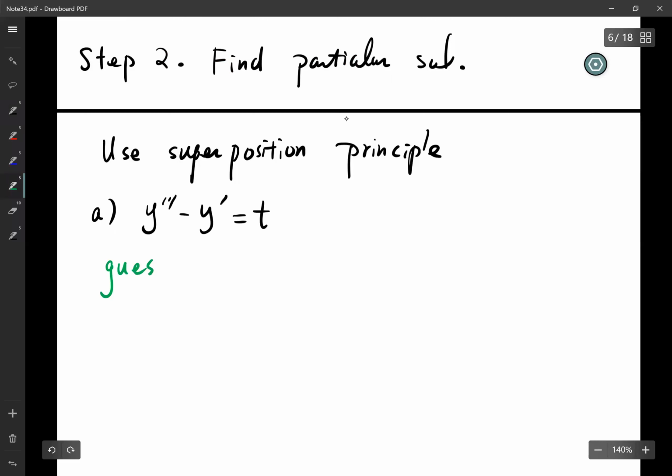But now, based on the knowledge of solving second order differential equations, you should be able to make an educated guess. So t is the same as 0 times t, right? And 0 is a single root of the auxiliary equation.